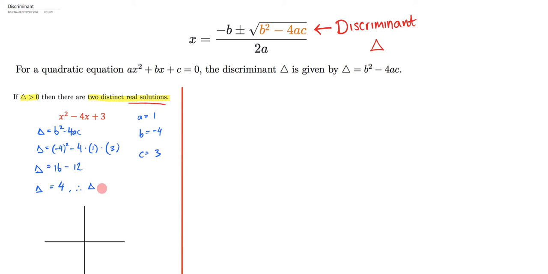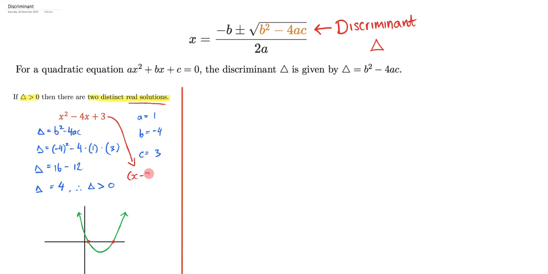Therefore, my discriminant is greater than 0, which means I have two distinct solutions, or to say it another way, I have two distinct places where my parabola touches my x-axis. So right here and right here. And I could prove this to myself by simply factorizing this quadratic, which is really quite simple.